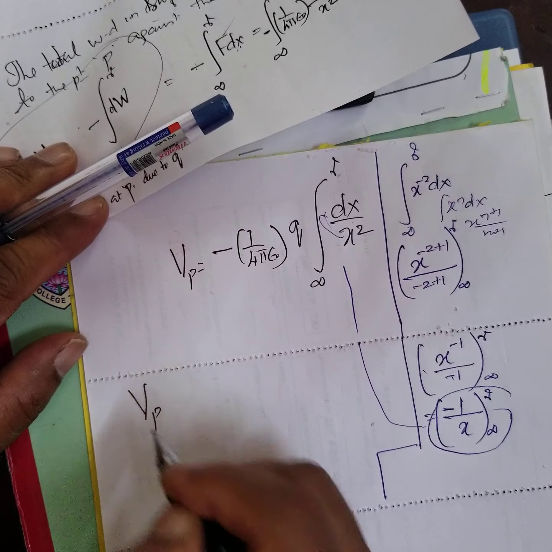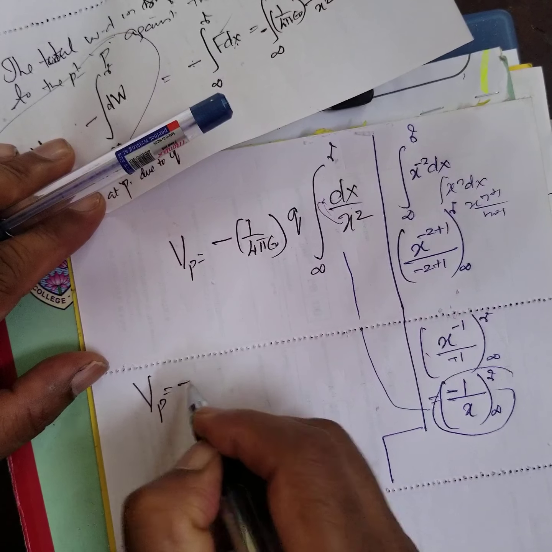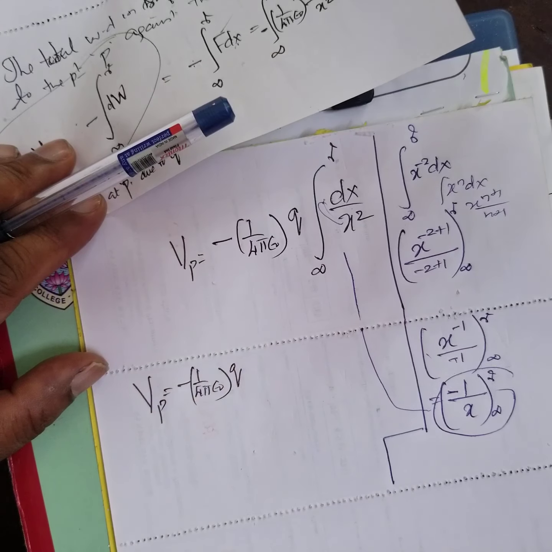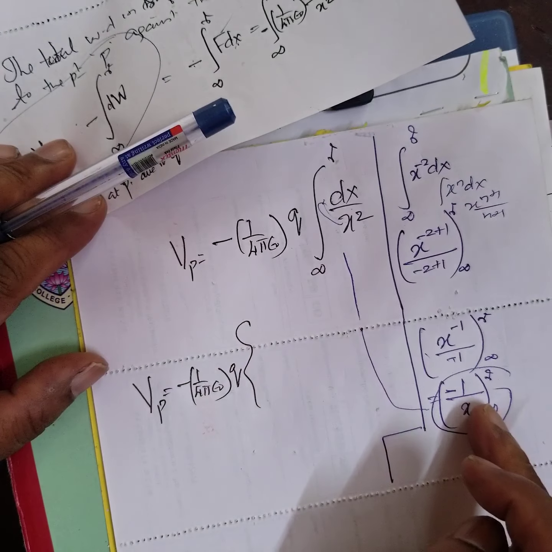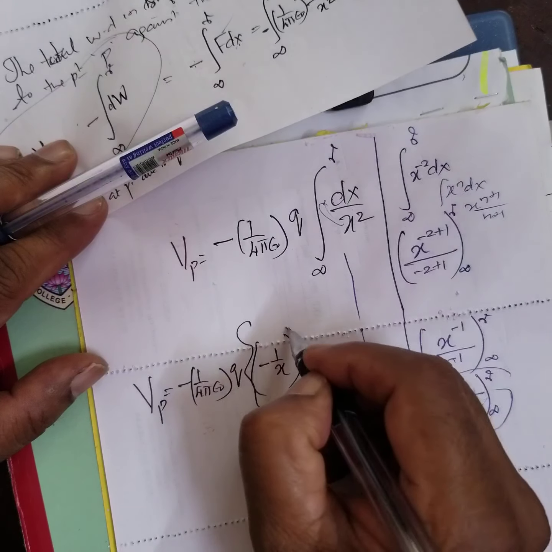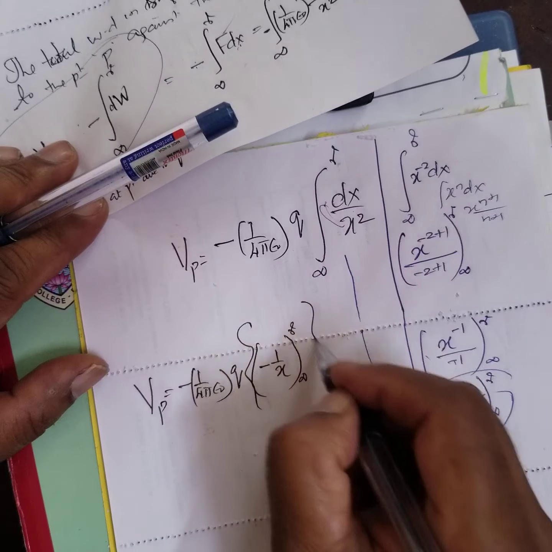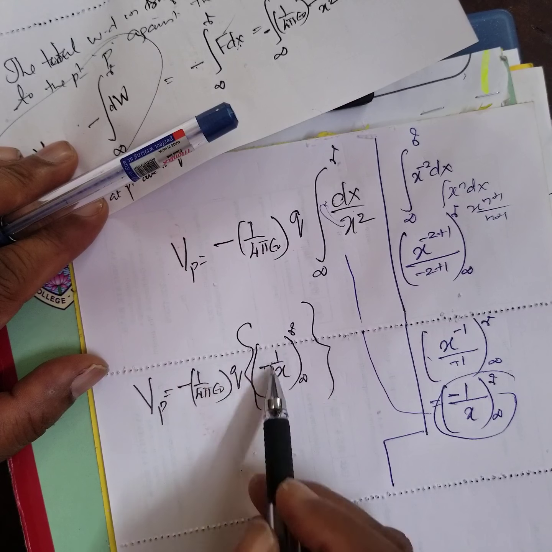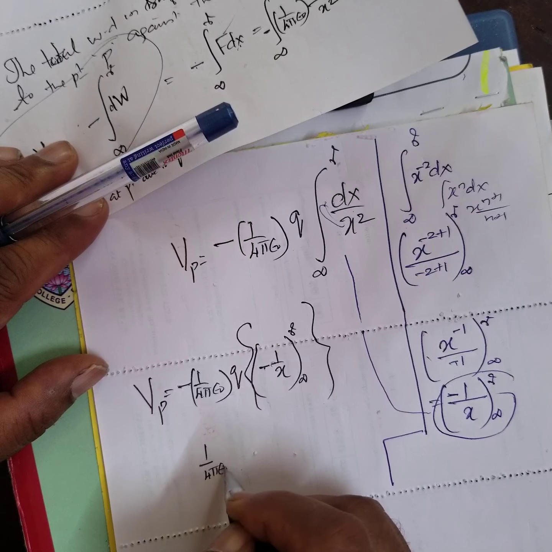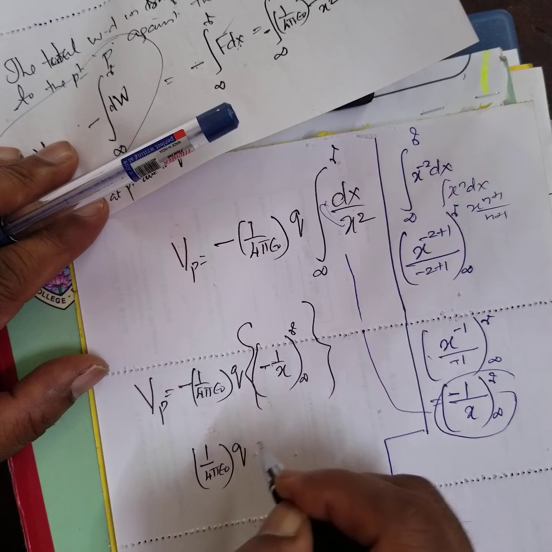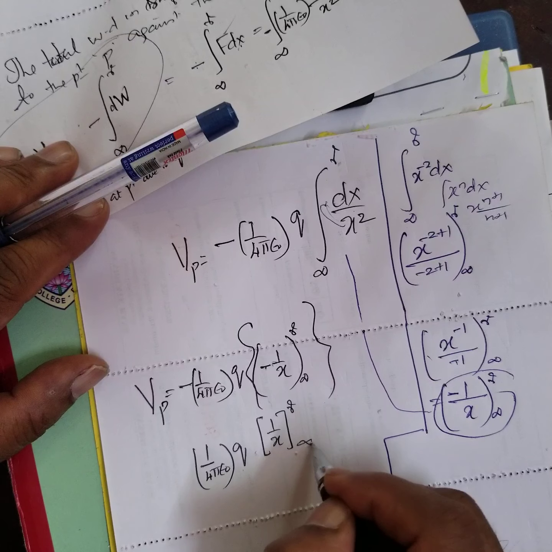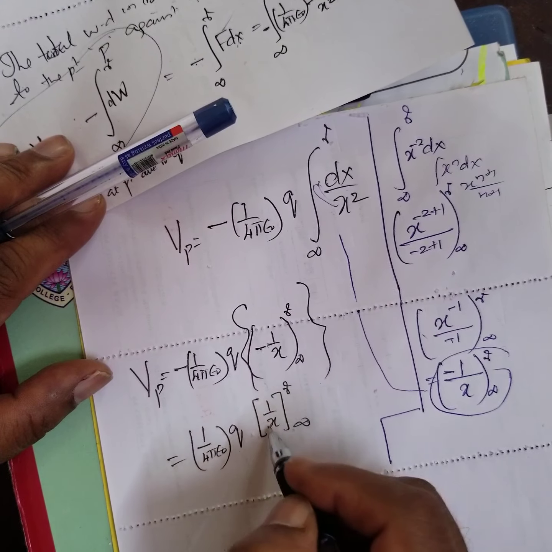What will we get? Potential at the point is minus 1 by 4 pi epsilon naught Q, and this portion is minus 1 by x between R and infinity. Minus and minus make plus, so you bring this side. Therefore, 1 by 4 pi epsilon naught Q into 1 by x between R and infinity. You substitute upper limit minus lower limit.